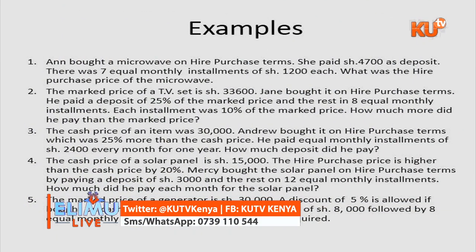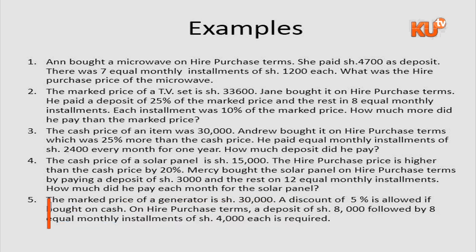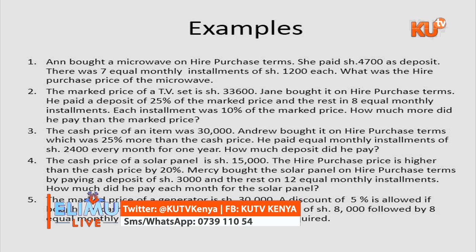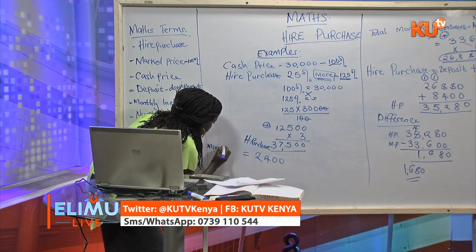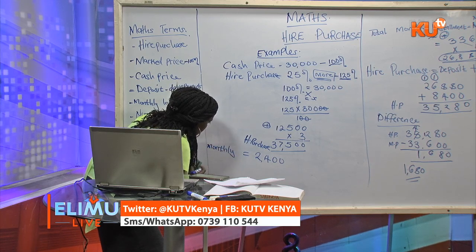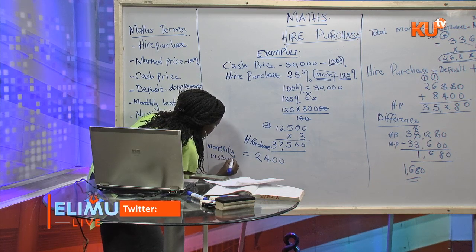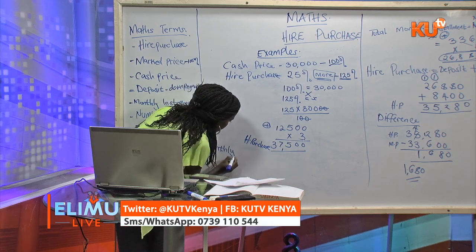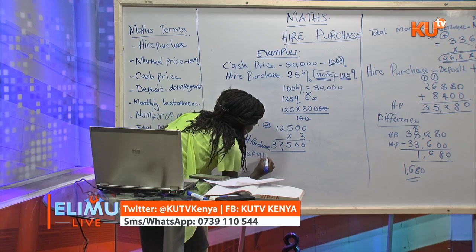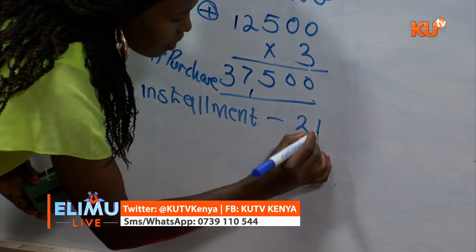He paid equal monthly installments of 2,400. The monthly installment was 2,400, every month for 1 year. Let me write this so I don't confuse anyone. The monthly installment was 2,400.